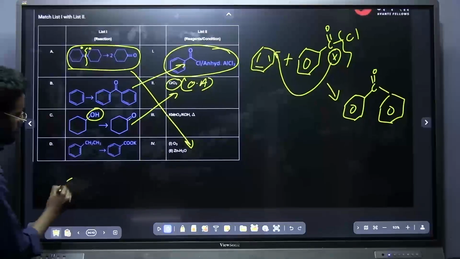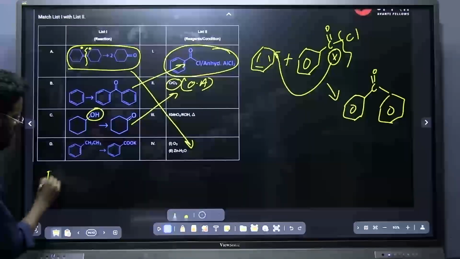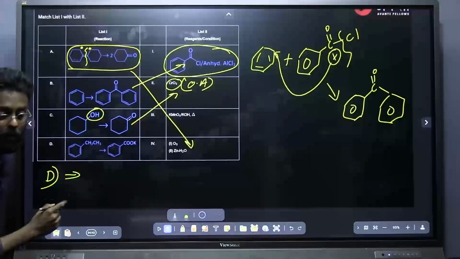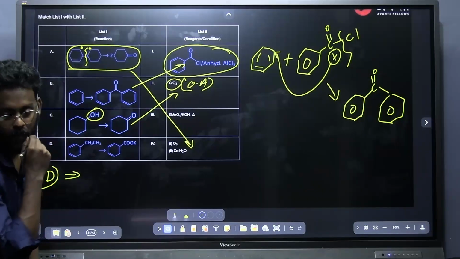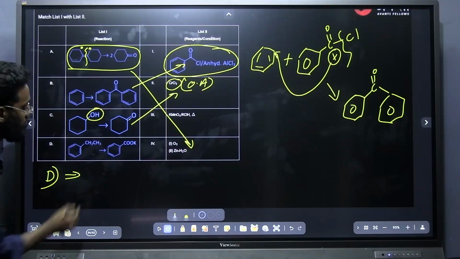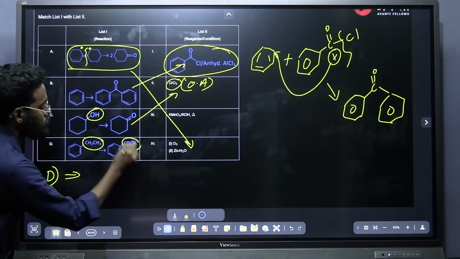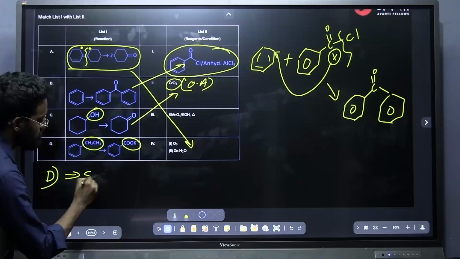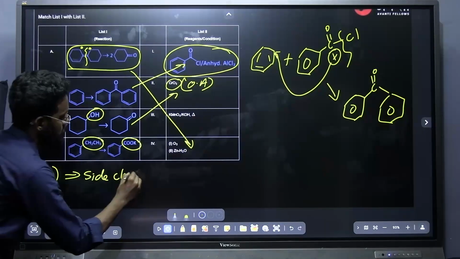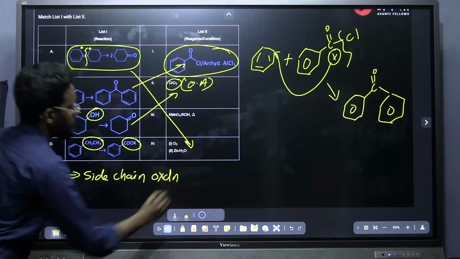Now the last one, hope all of you know about this last guy. Option D. What is this reaction named? Anybody have an idea? This side chain is converted to an acid group. It is side chain oxidation.